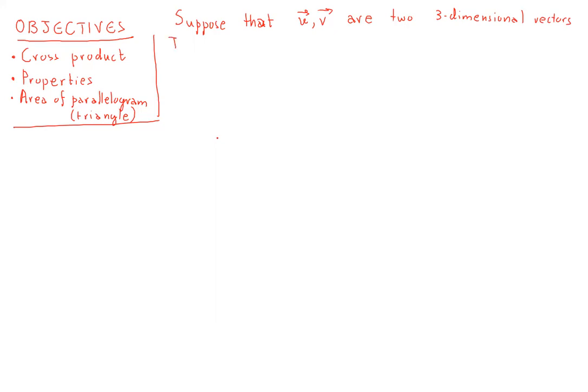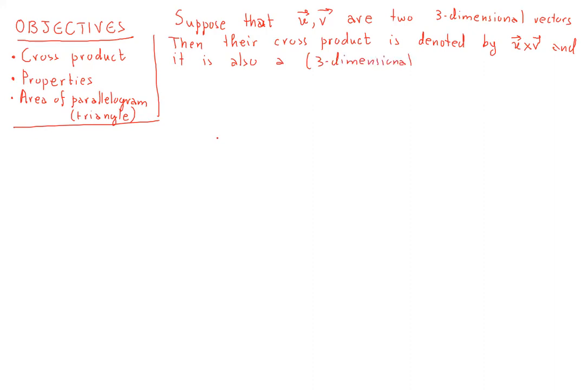Then their cross product is denoted and it is also a 3-dimensional vector.